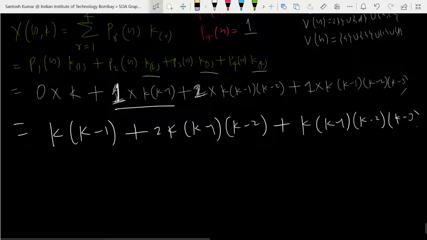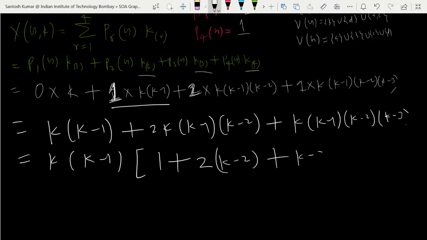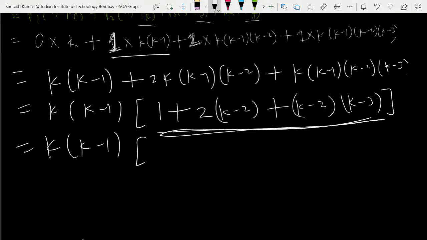You can see k minus 1 is common in all, so let's take the common factor. What is left? 1 plus 2 into k minus 2, plus (k minus 2)(k minus 3). Can you simplify this? Please do it on your notebook and tell me the expression.